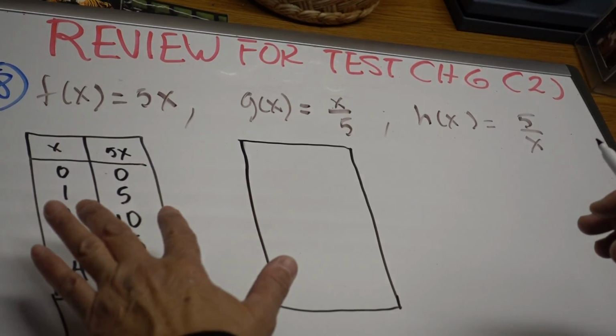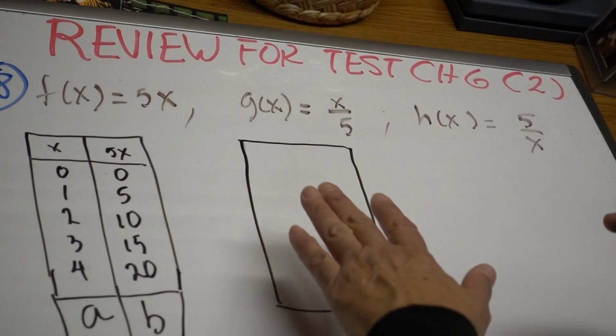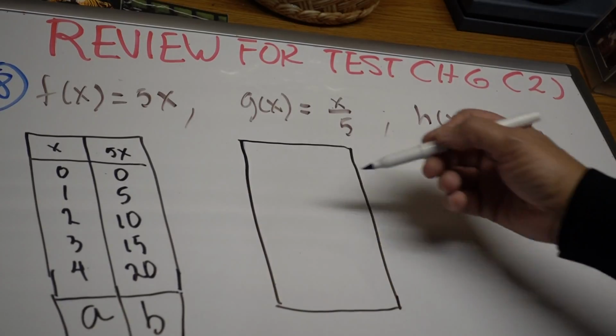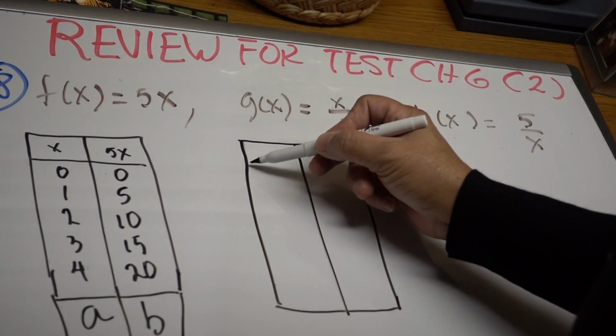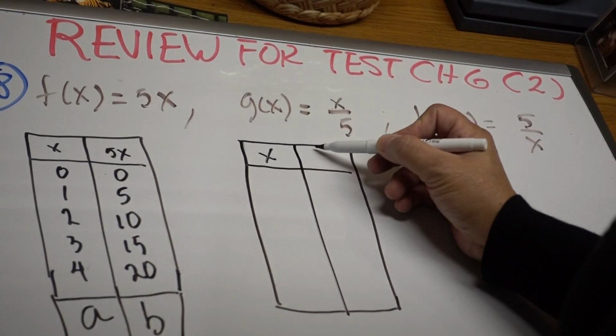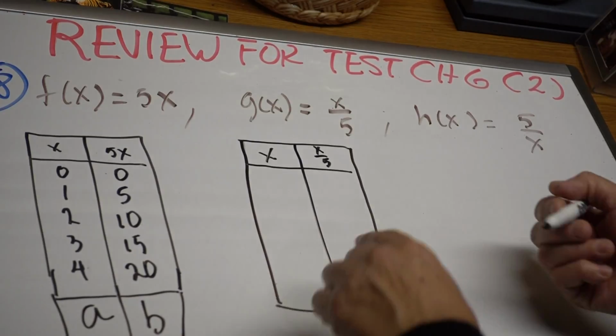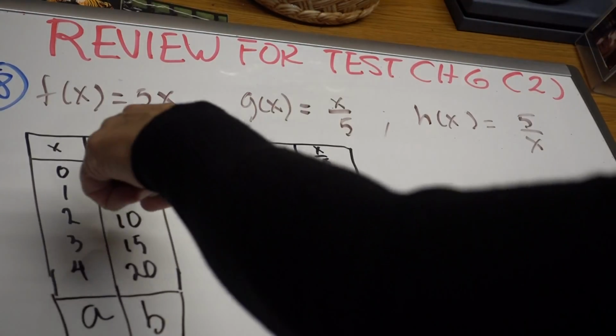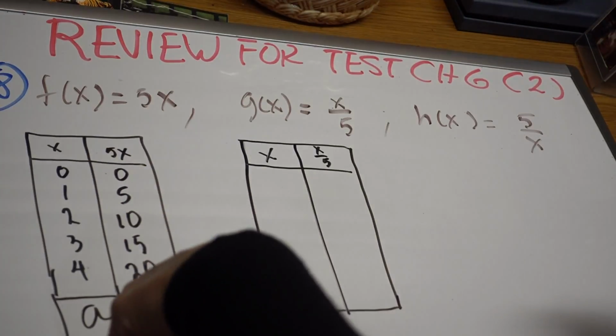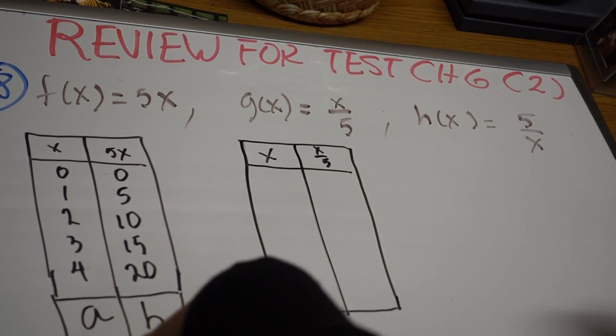Any pair in the original function, the inverse is going to switch around. So this is going to be x and x over 5. It's going to divide by 5. I'm going to put the values from the range of this one here.